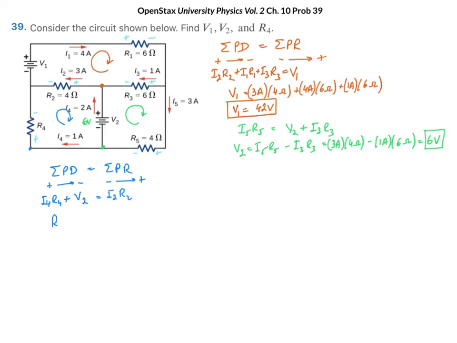And when we solve for R4, it's I2, R2 minus V2 divided by I4. I2 is 3 amps, R2 is 4 ohms, V2 we calculated to be 6 volts, I4 is 1 amp, so we end up with 6 ohms for the resistance through R4.